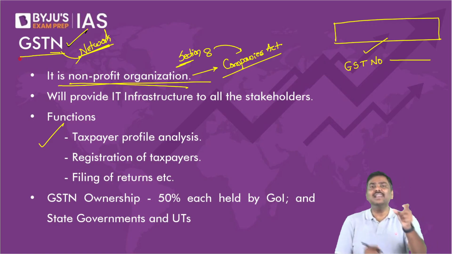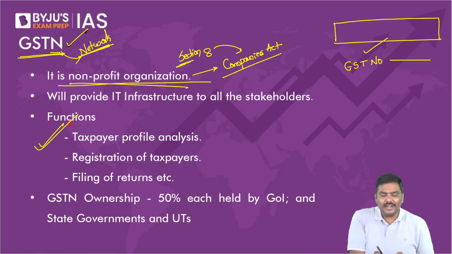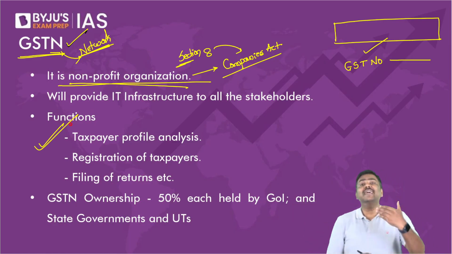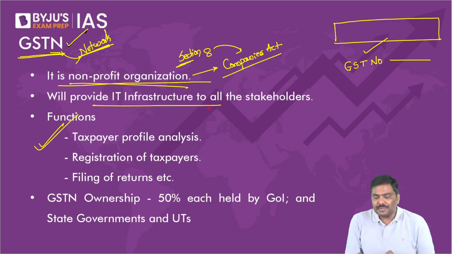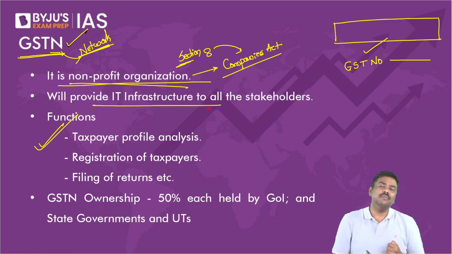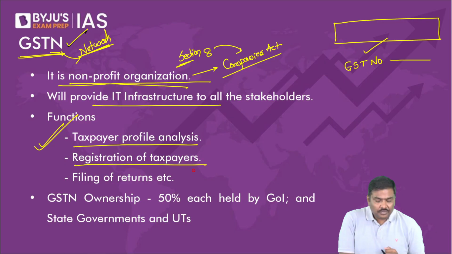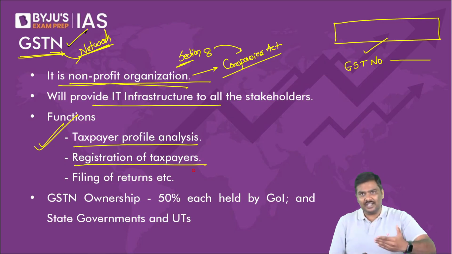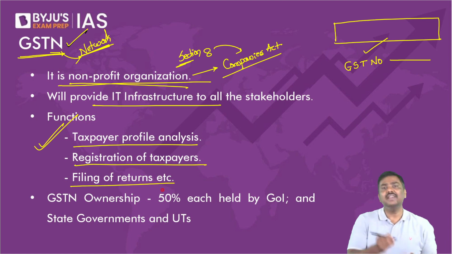It is basically an authority which has been set up by the government, which will provide the information technology, IT infrastructure services, such as taxpayer profile analysis. Registration of the taxpayers is done through GST network. Filing of the returns, means submission of the documents, is also done through the GST network.